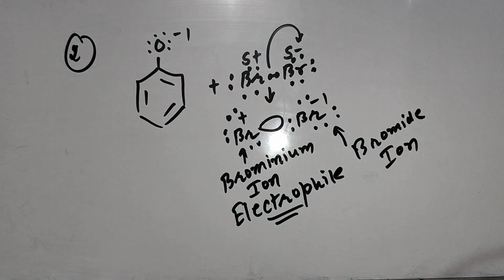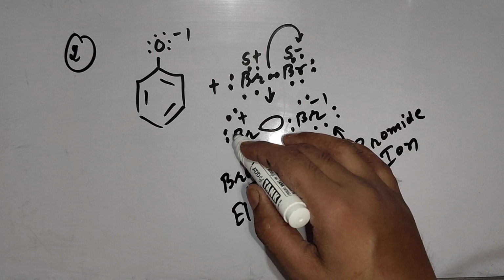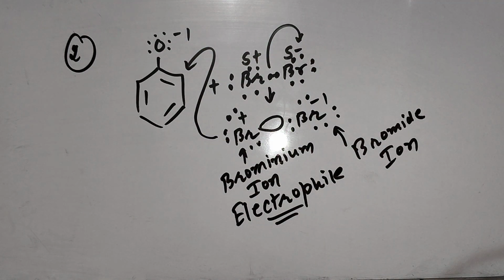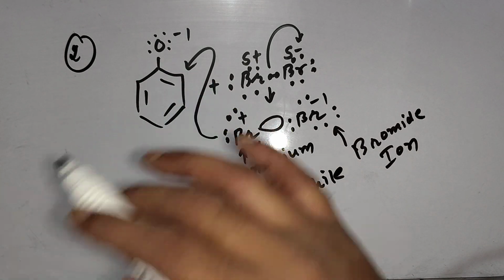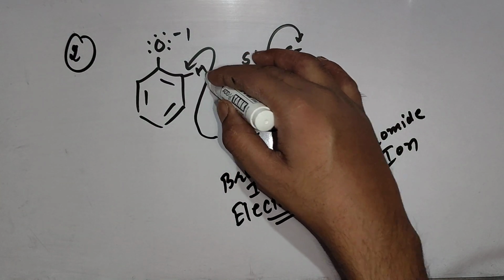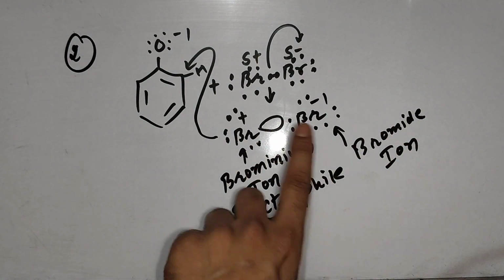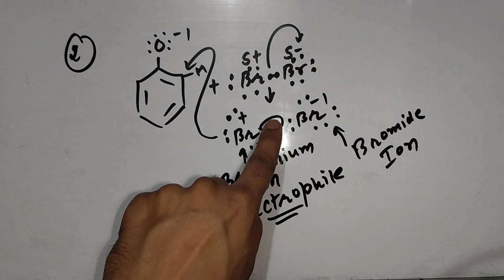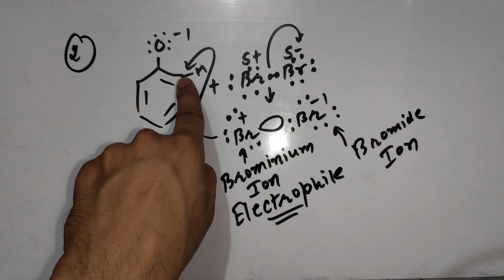Already many times we have discussed the reasons, very well known to us. So let's attack. First, let's attack on ortho position like this. With its vacant orbital, it will try to make a bond with this carbon.